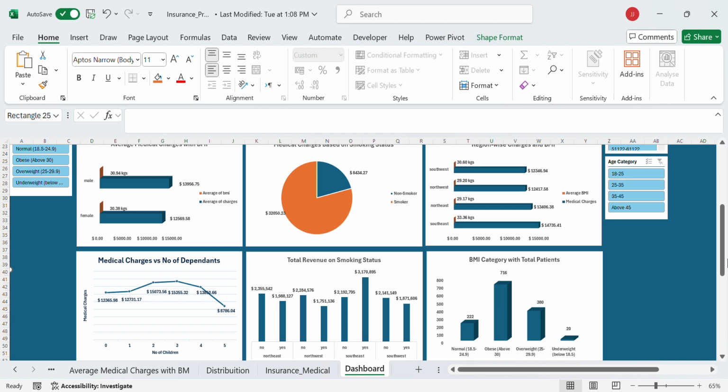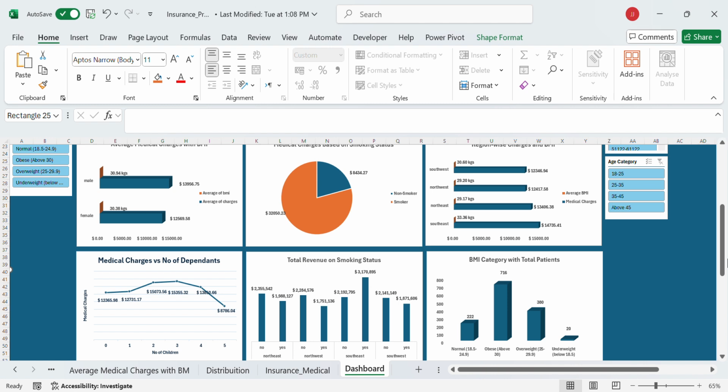BMI category with total patients, we can see that obese and overweight are very high. Underweight accounts to only 20, which means very few people, who can be small children within the 0 to 5 category. But normal is 222, which is a good healthy lifestyle. This many people possess it.